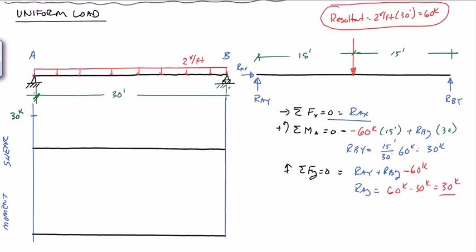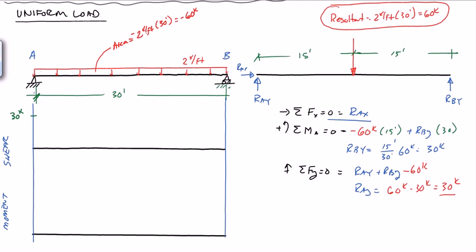Now, we need to know what the change in shear from point A to point B is going to equal: the area of the load diagram. The load diagram has an area equal to 2 kips per foot times 30 feet, so it's just the area of this rectangle, and it's pointing down, so it's a negative, so minus 60 kips.